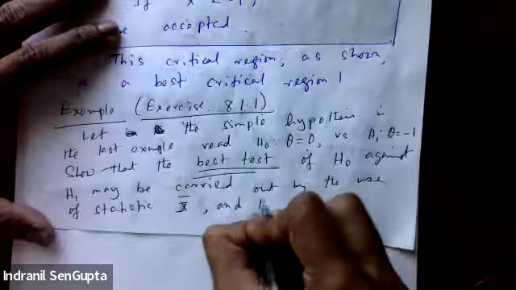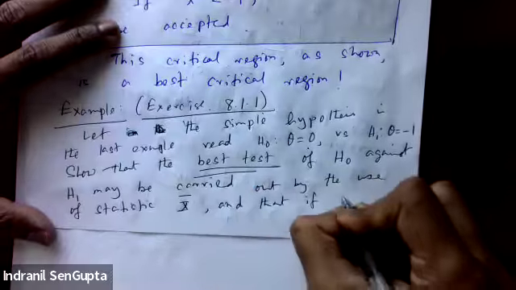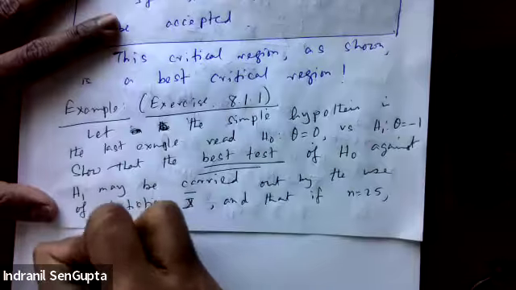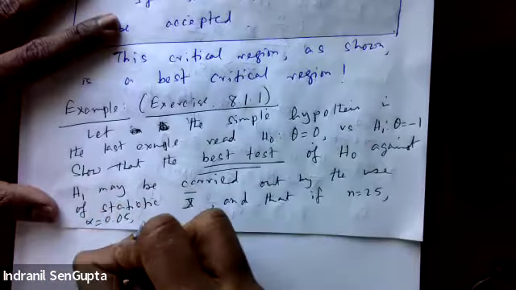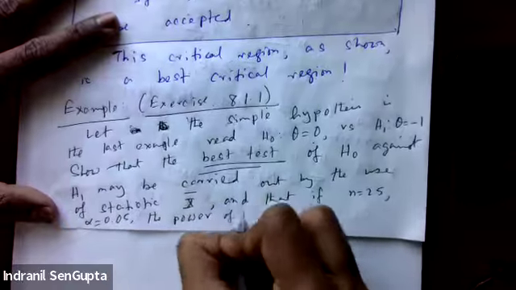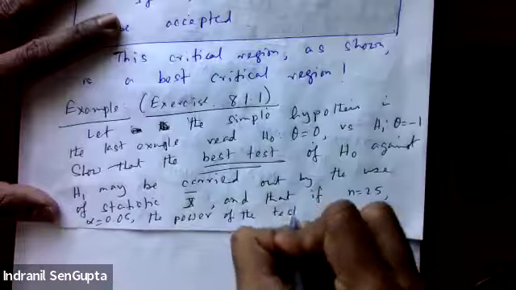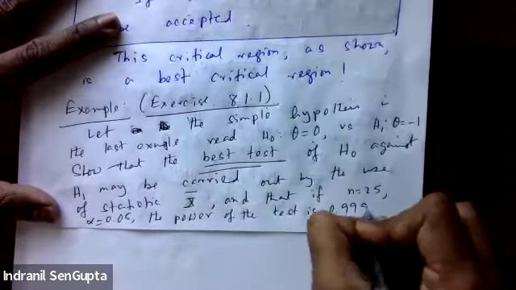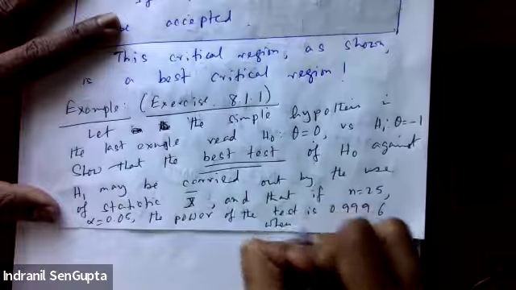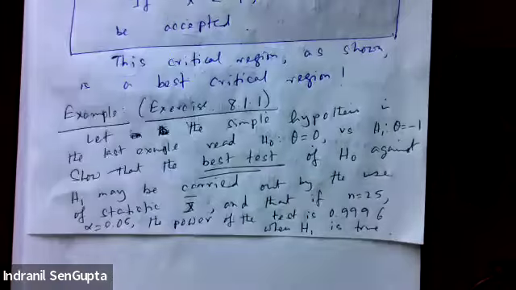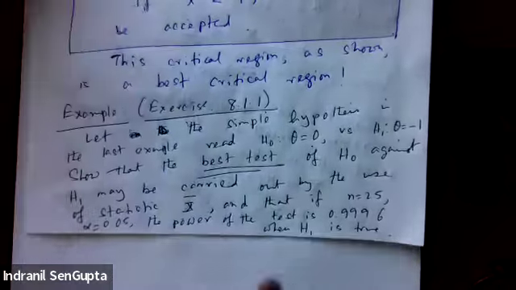And that if n equals 25 and alpha equals 0.05, the power of the test is 0.9996 when H1 is true. Okay. Let's show it.